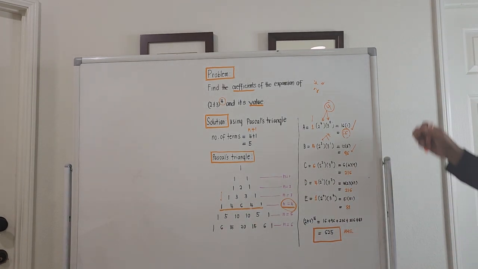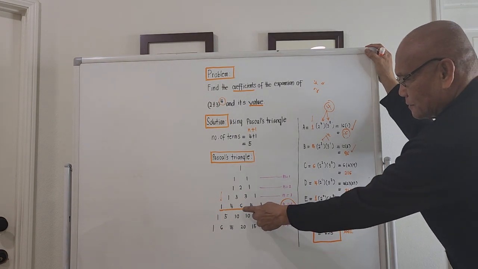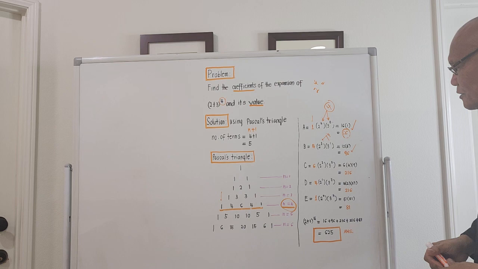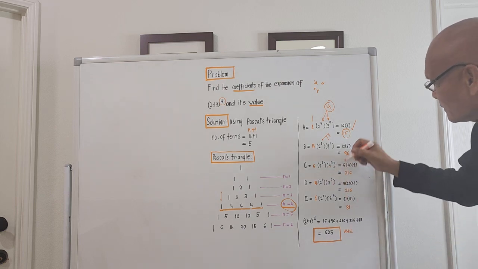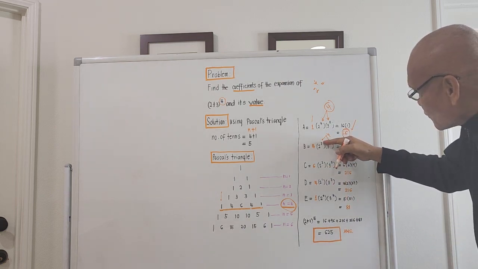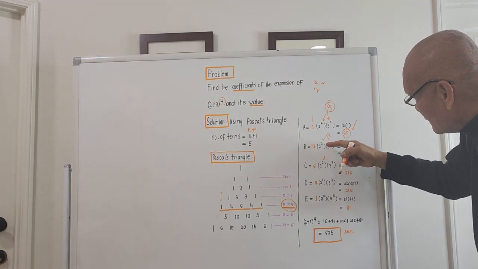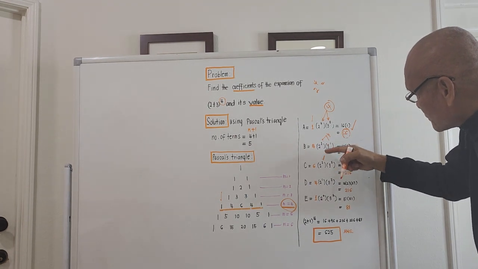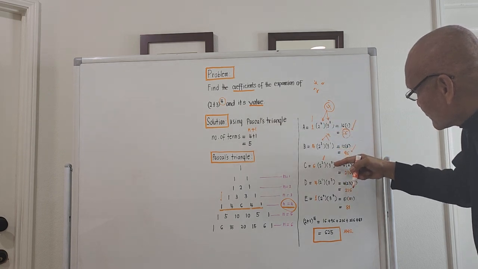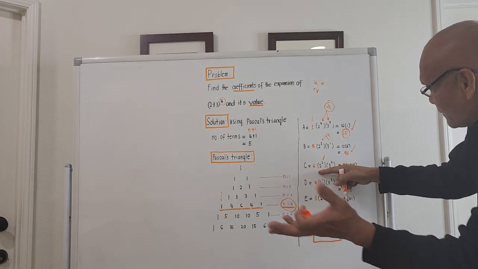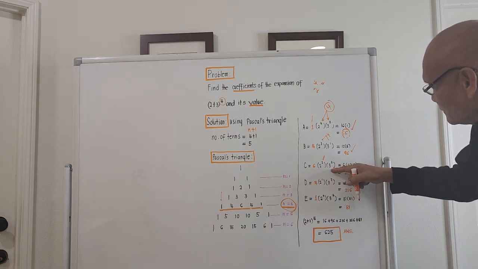The third one, the coefficient will be 6. So this is 6 times, the first term is actually 2, right? This is 3. 3 minus 1 will be 2, so this will now be 2. You notice the powers of the first term are decreasing, and the powers of the second term are increasing, right? So this is 2 times the second term, which is 3.